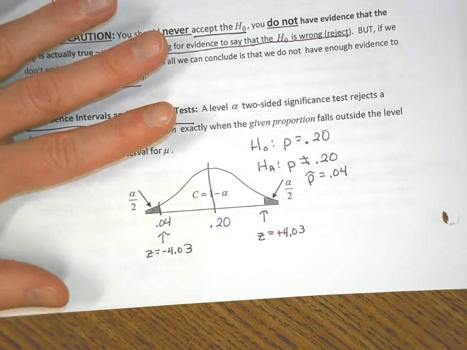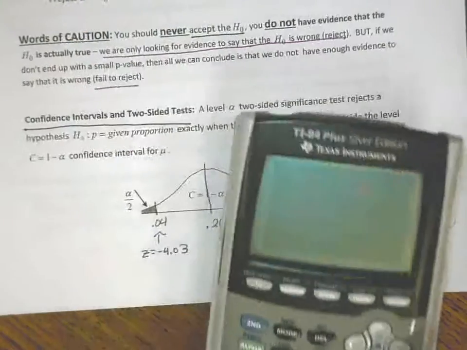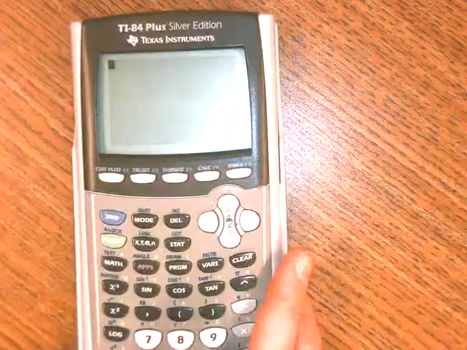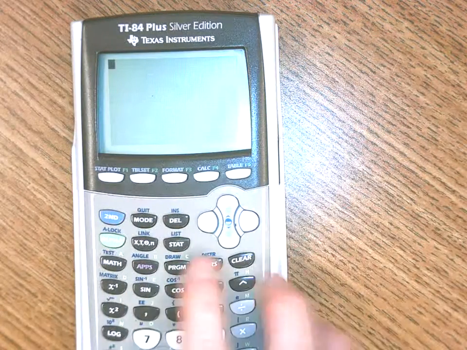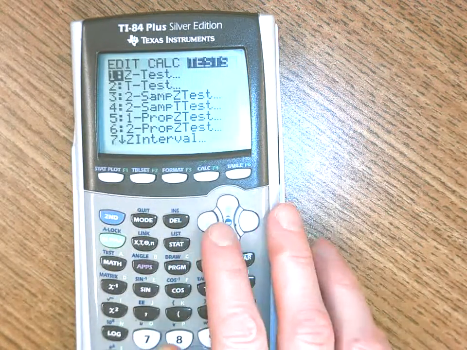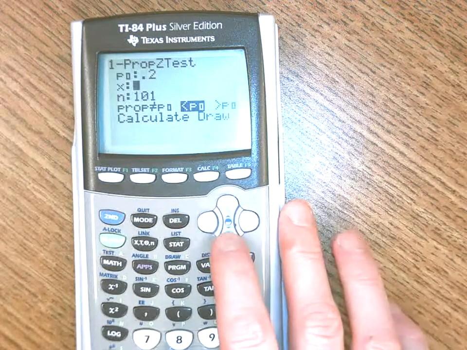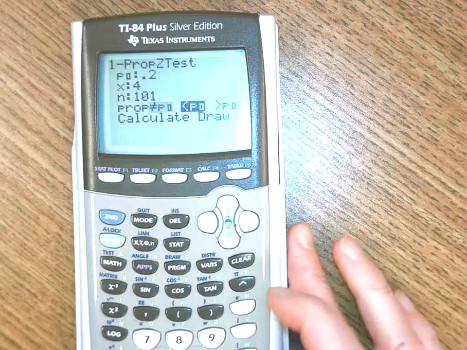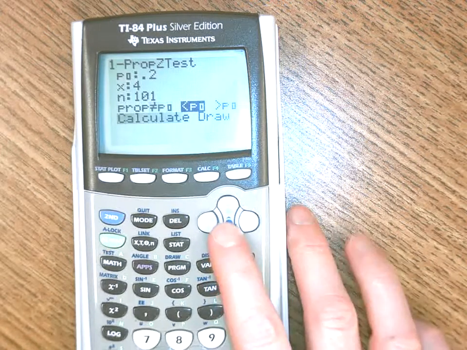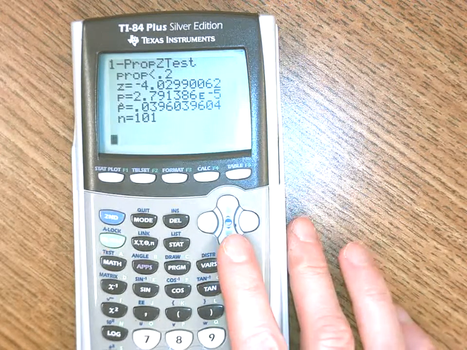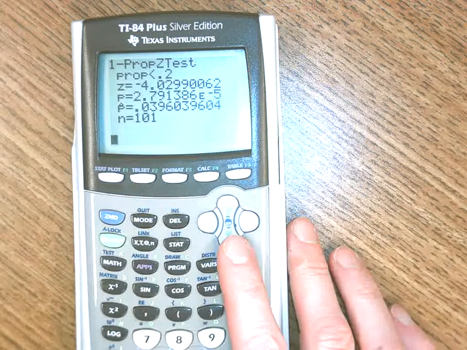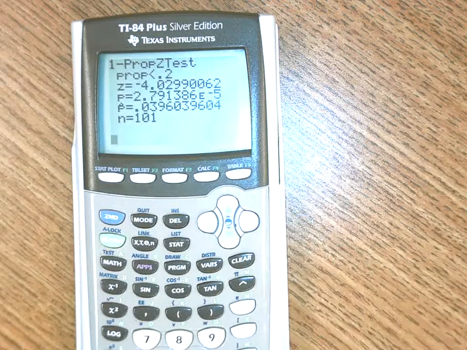So I still have in my calculator the one-prop z-test from the Skittles example. If I hit stat, go over to test, and do the one-prop z-test again, let's just review. When it was less than, our p-value was 0.00003.